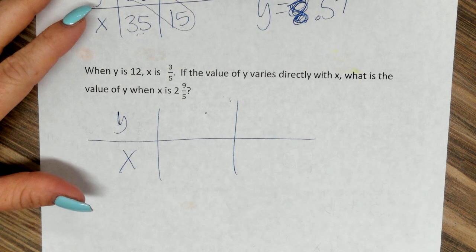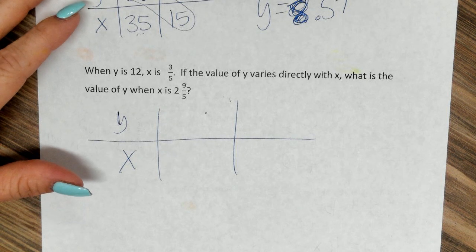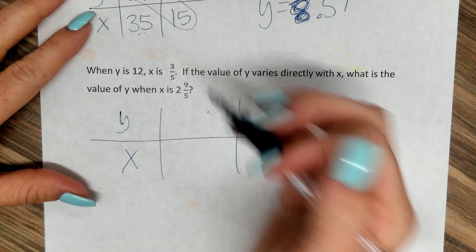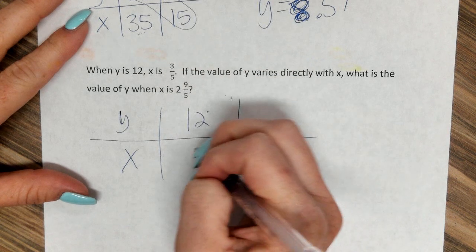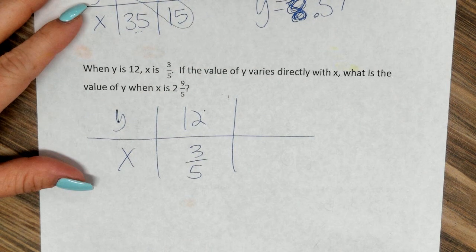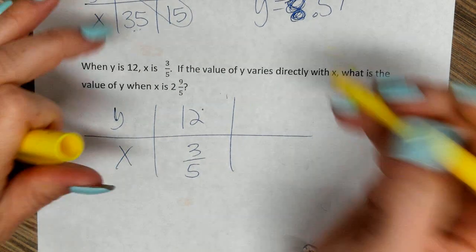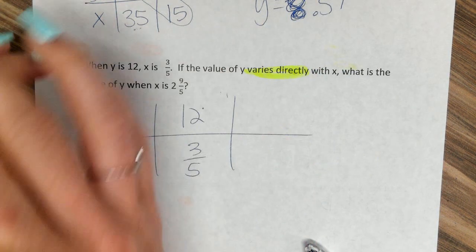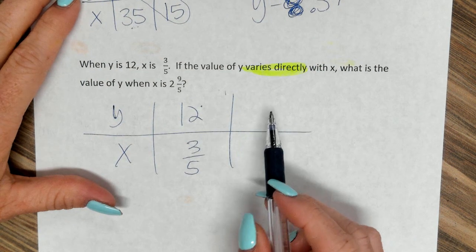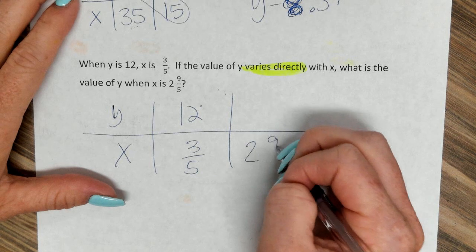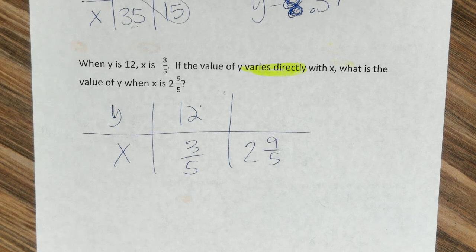Okay, make sure you set it up correctly. I don't even see that everybody set it up. It says y is 12, x is 3/5. Your clue word was varies directly. What is y when x is 2 and 9/5? Does it matter that they're fractions, or do we have buttons for that? Yeah, so we don't worry about it.